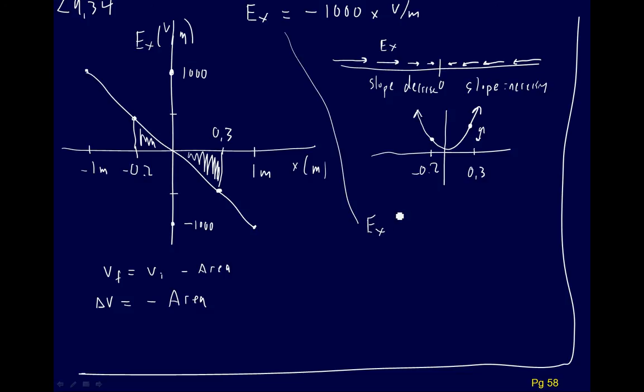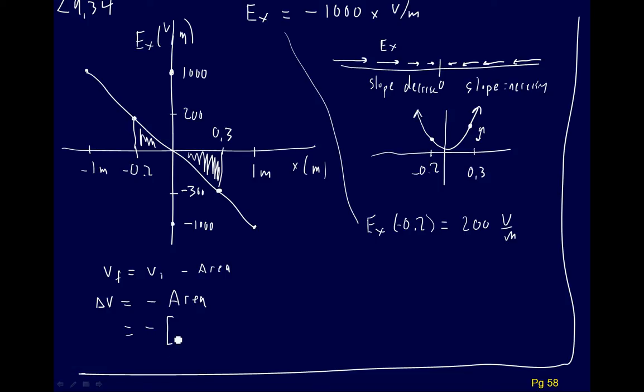Ex at the point negative 0.2 gives 200 volts per meter, and the same thing for 0.3, I get negative 300. That's how I can find my area.